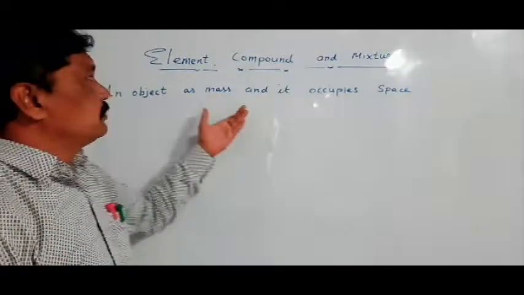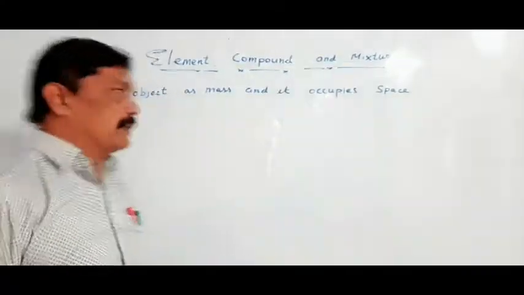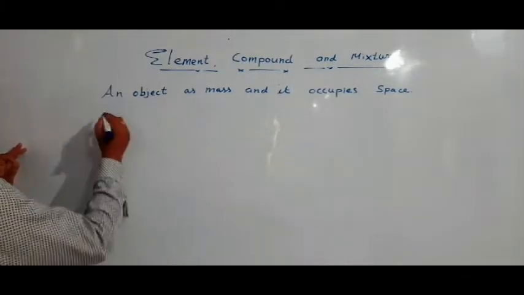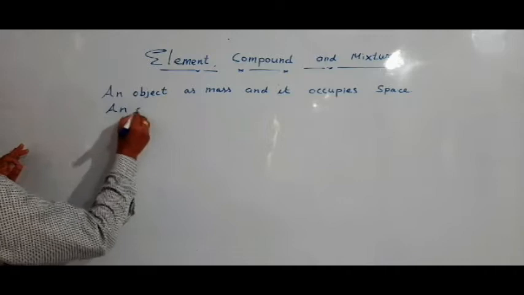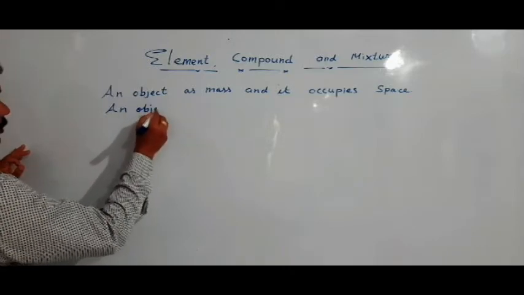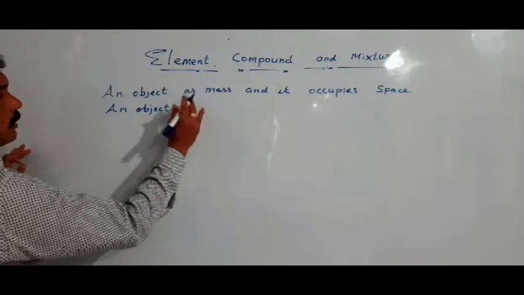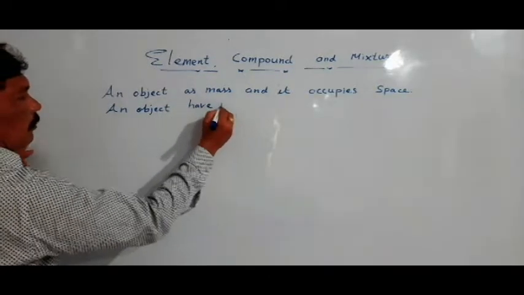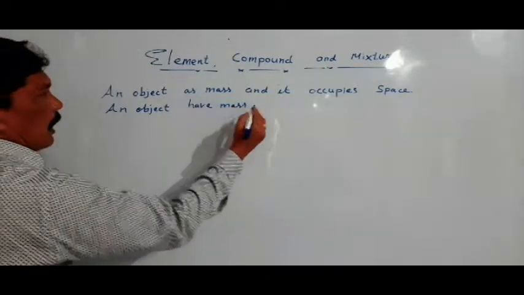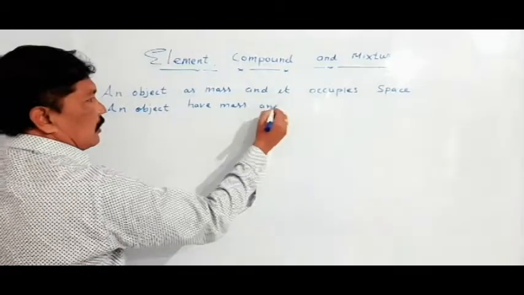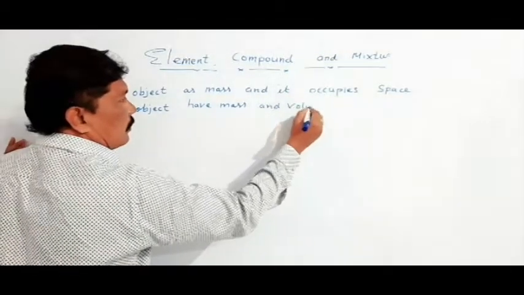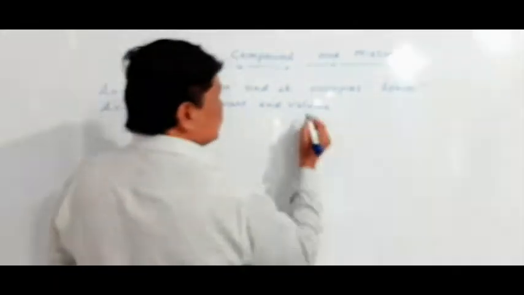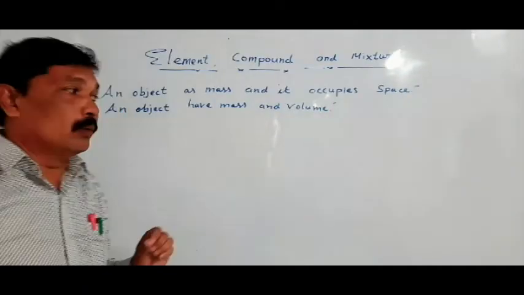An object has mass and it occupies space. Therefore, we can say that an object has mass and volume. Occupy space means it has volume.